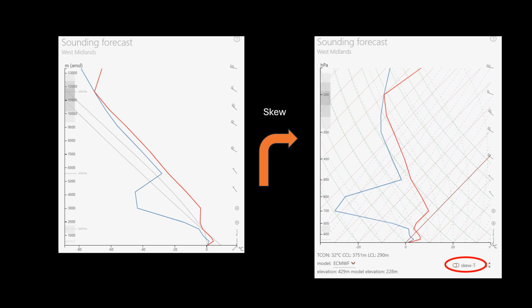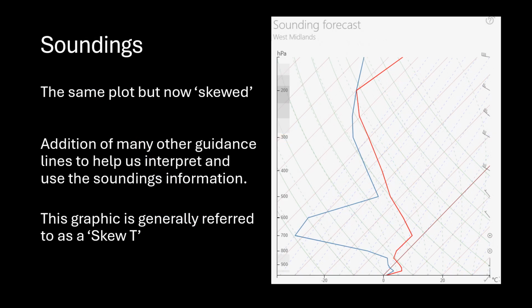In windy.com, the unskewed soundings graphic displays the y-axis in meters of height. Once skewed, the y-axis is converted to atmospheric pressure. When skewed and displayed as the Skew T, the pressure on the y-axis is actually on a log scale. This is why the fuller name of the Skew T is Skew T log P.